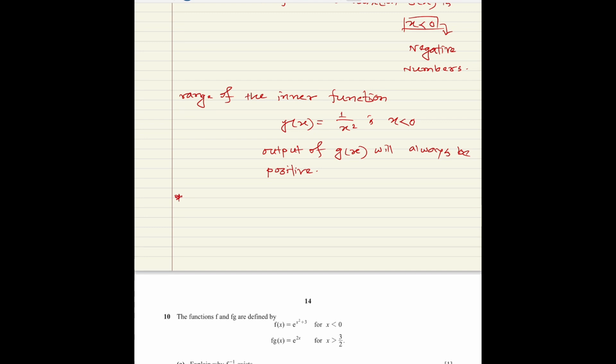That's why the range of g of x is not a subset of the domain of f of x. That's why the composite function will not exist.